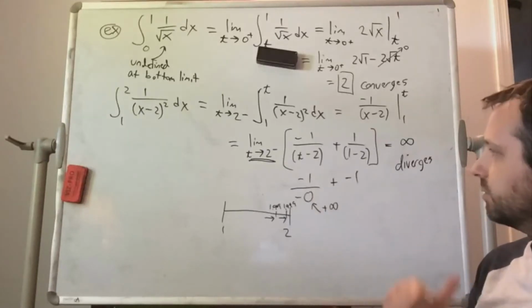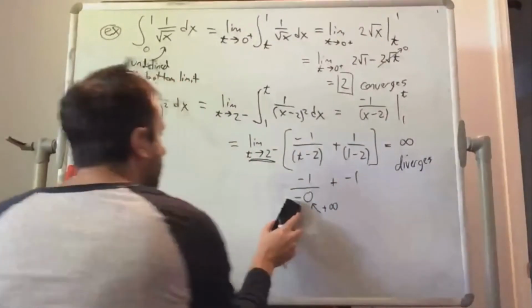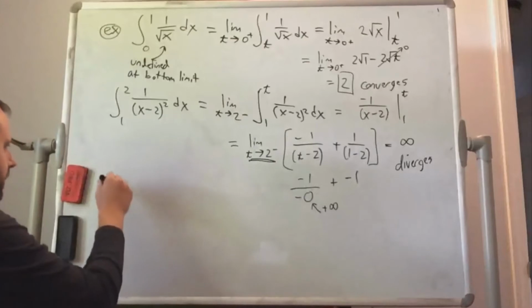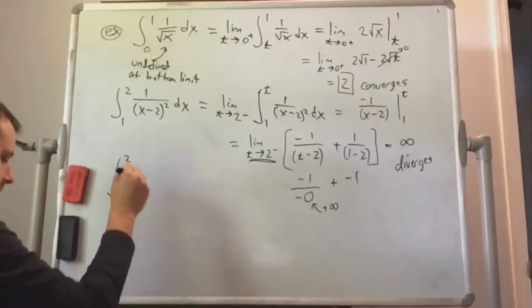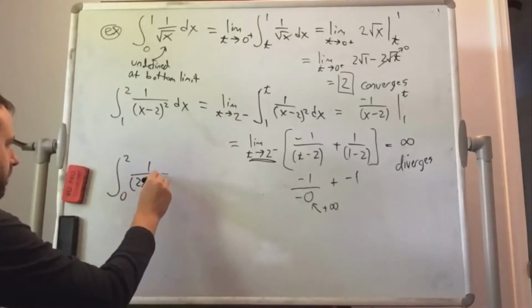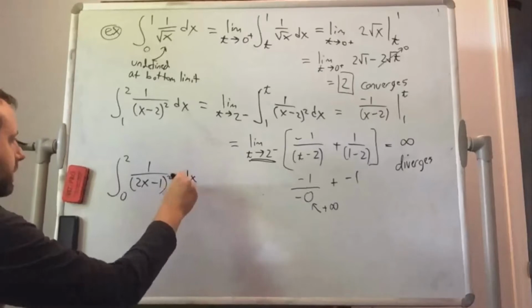All right, I'm going to do half of one more example, but then leave the rest of it to you, because it gets very long and tedious. But if you had the integral from 0 to 2 of 1 over (2x minus 1) to the 2/3 power dx.